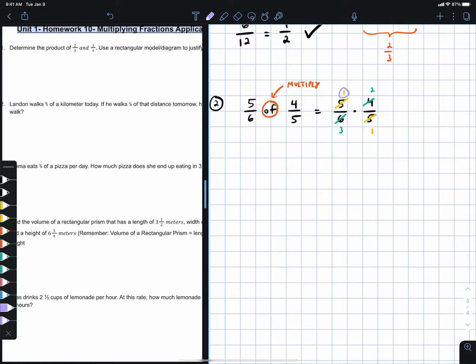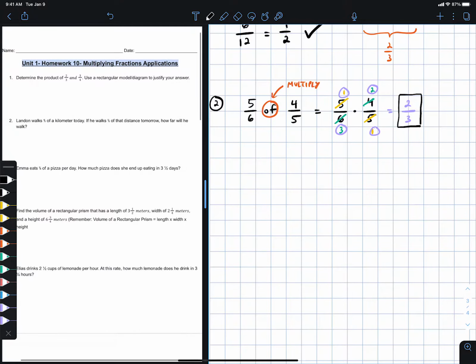And then if we multiply this 1 times 2 on top, that would be 2. And then this 3 times 1 on bottom would equal 3. So tomorrow, Landon's going to walk 2/3 of a kilometer. So we can write our final answer as 2/3 kilometers, or km, tomorrow. That's how much Landon will walk.